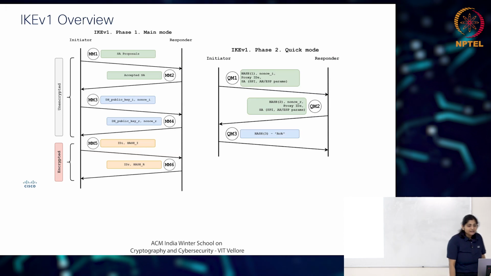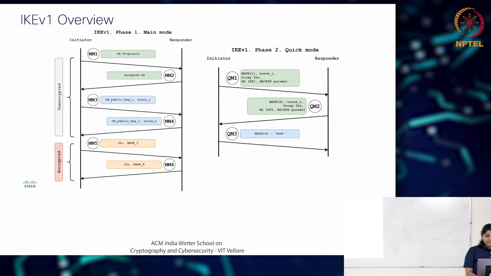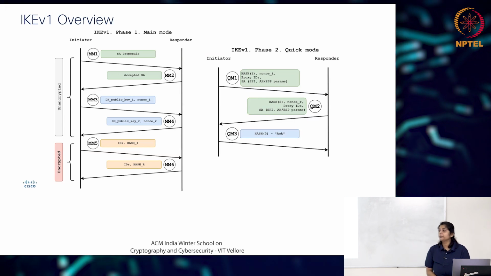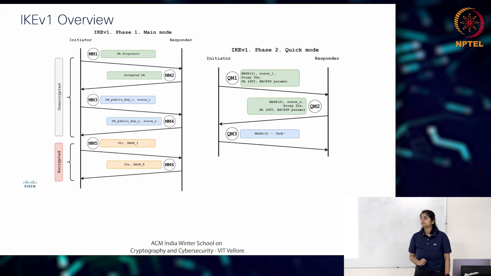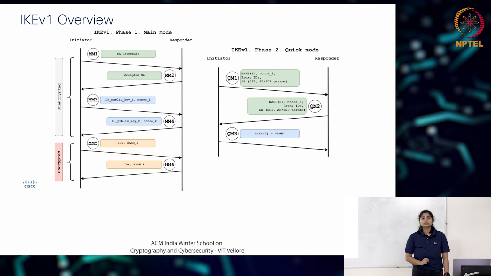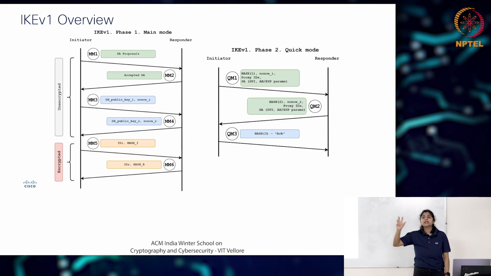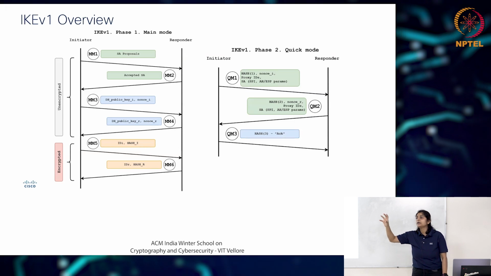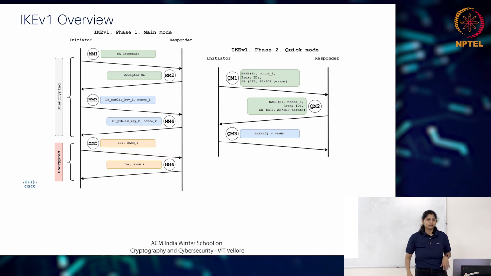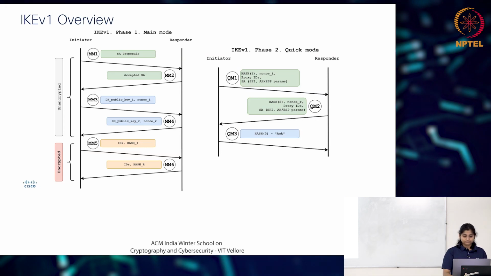Expand the payloads, the security association payload. Do you see domain of interpretation? What is it? IPsec. Which means I'm going to interpret anything that IPsec is exchanging in the packets.